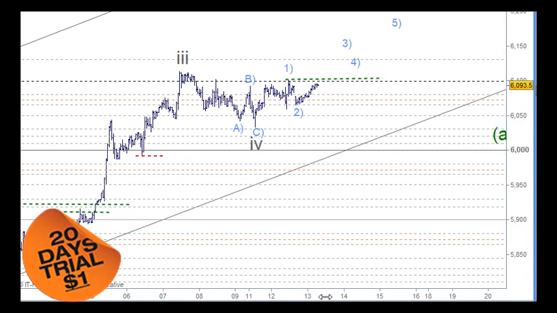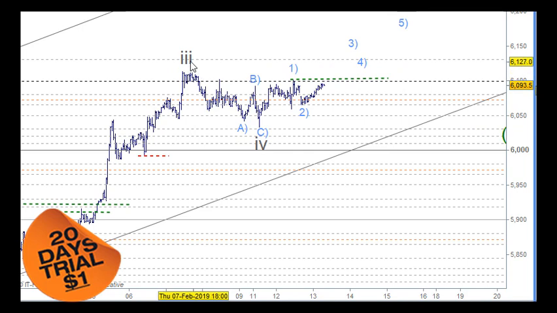So in a bit of a nutshell, we've still got this here as a wave 4, and then this move up through here would be 1 and 2 and 3 and 4 and 5 here, then an A and a B and a C for wave 2. So we're looking for wave 3 to move up here, and then wave 4, and then wave 5, and then folding over from here.